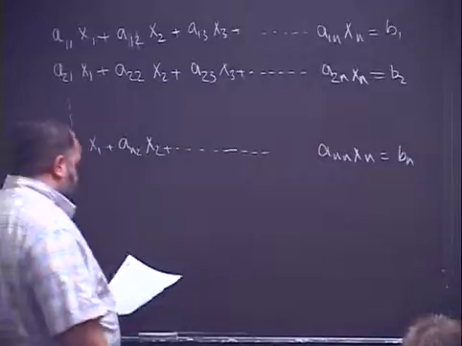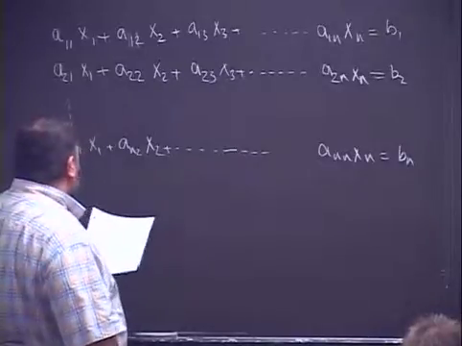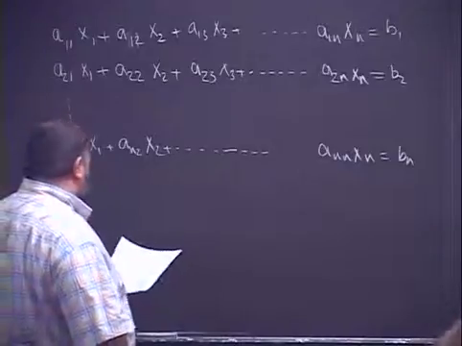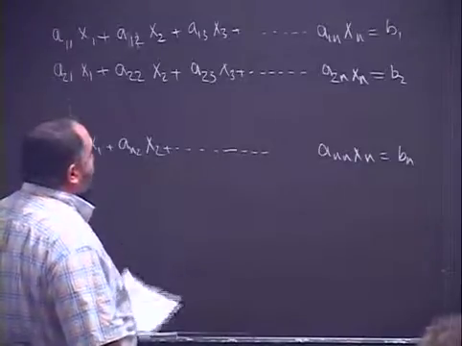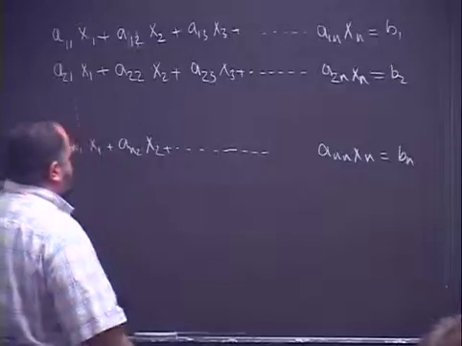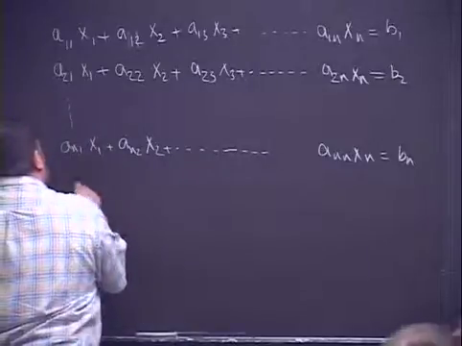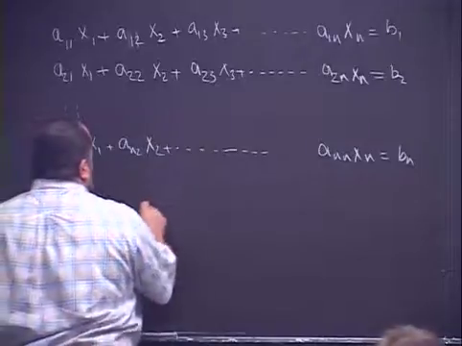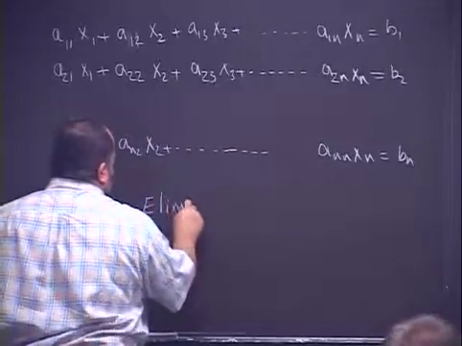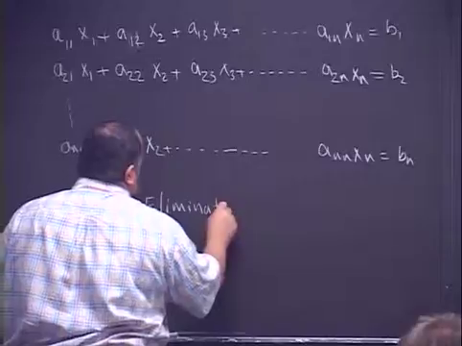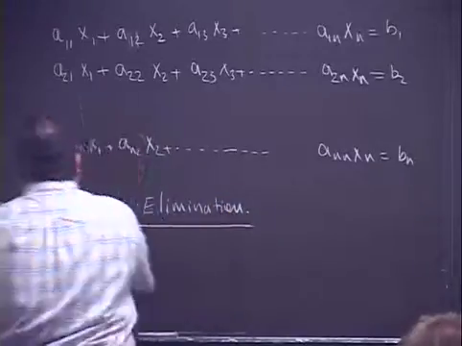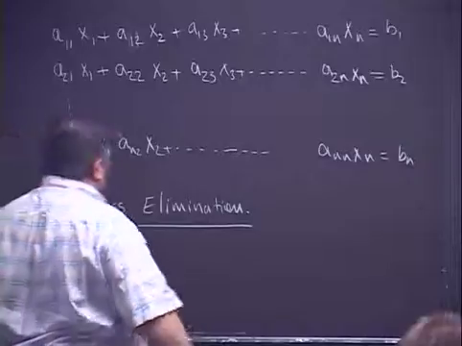So if we want to solve this system of algebraic equations, one of the techniques is called Gaussian elimination, or Gauss elimination. So how will we do the Gauss elimination?